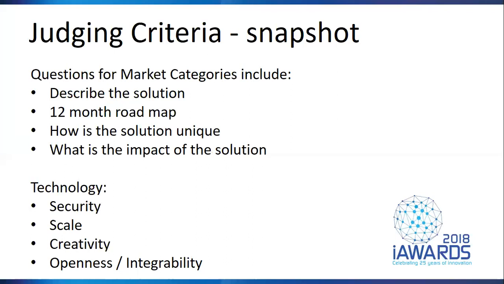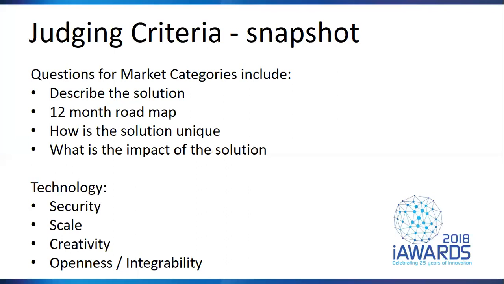Another aspect, as I mentioned, is technology. Technology is important. It is a technology awards program. So in terms of security, they're looking at how secure the solution is, or compliant to industry standards or security standards. Scale: is there a potential to scale up?